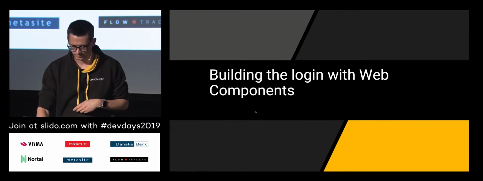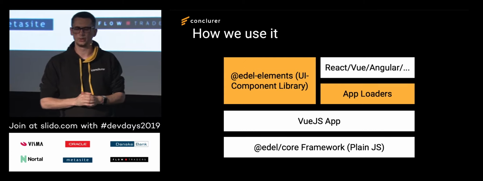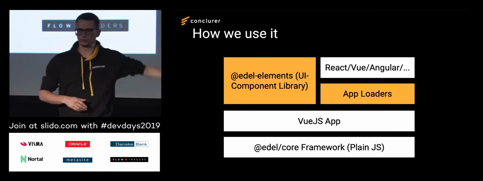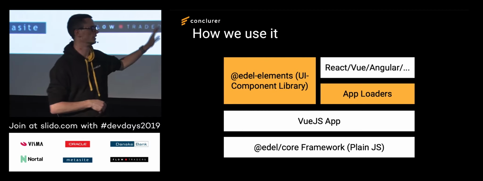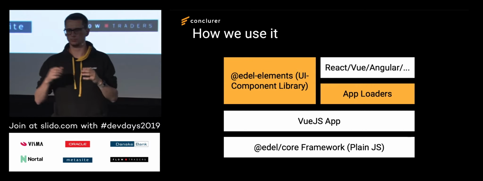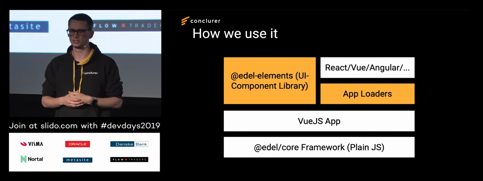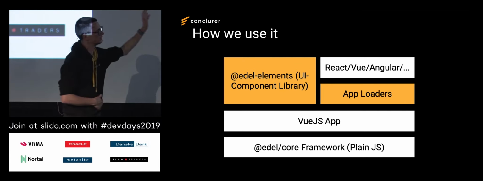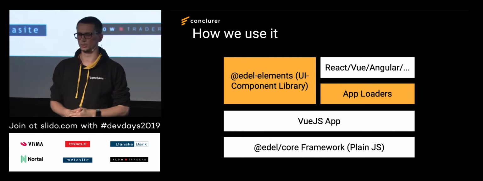So I'm switching back to the presentation, and that's how we're using it now in Edilog. Before, our application was designed like this: we have a plain JS Edilog core, which handles most of our business logic. We have a Vue.js application, which has most of the client logic inside, and then we created a Stencil web component library called Edilog Elements, which is a UI component library.